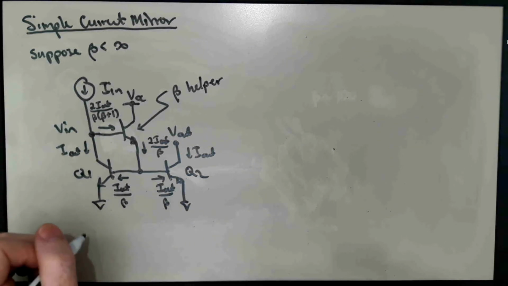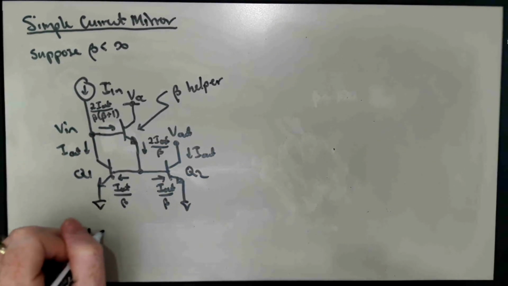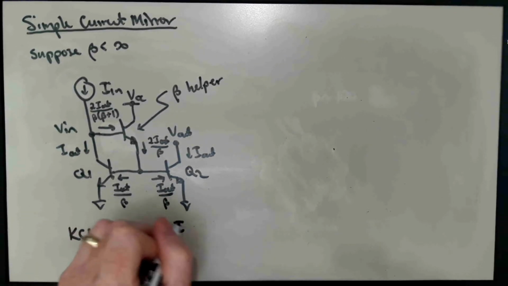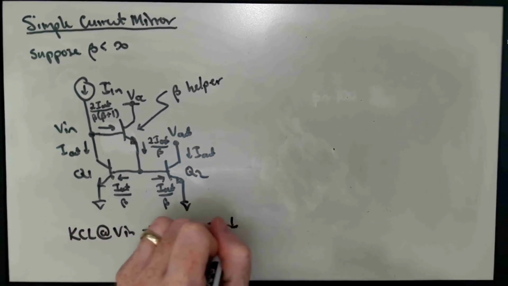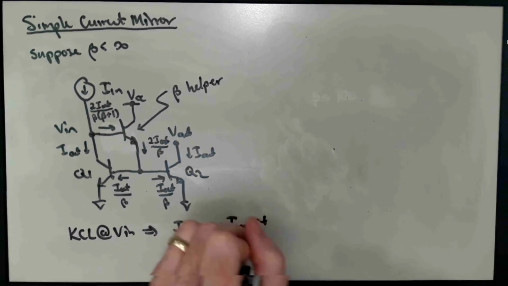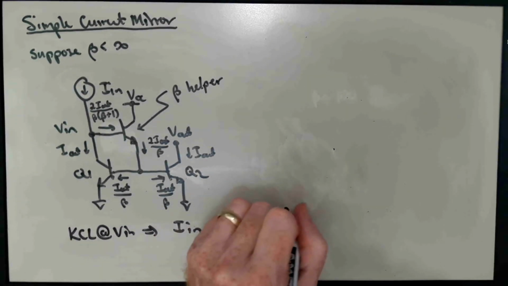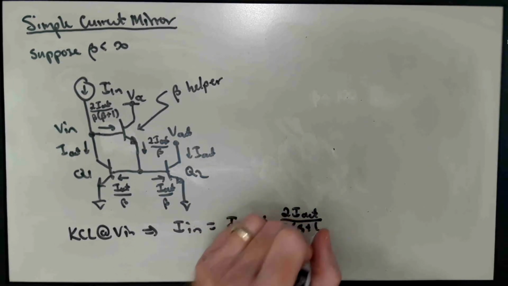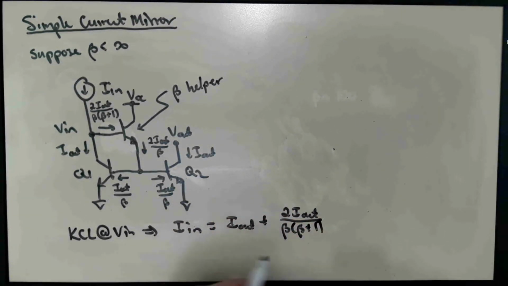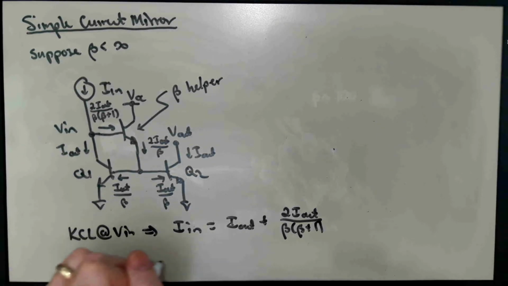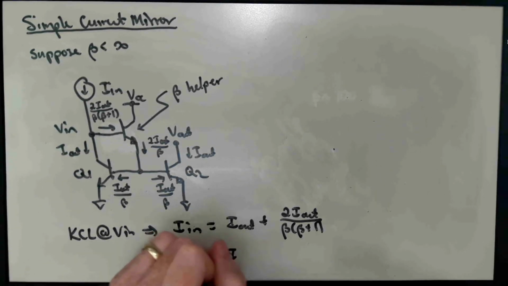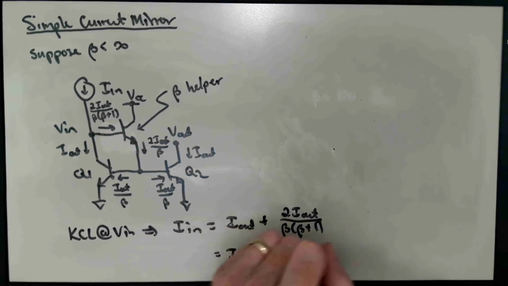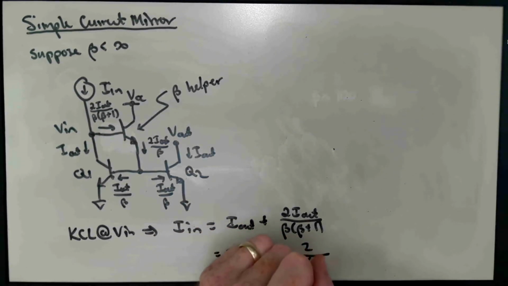So here the KCL at Vn tells us that I in equals I out plus 2I out over beta times beta plus 1. And so by rearranging this, we get I out times 1 plus 2 over beta times beta plus 1.